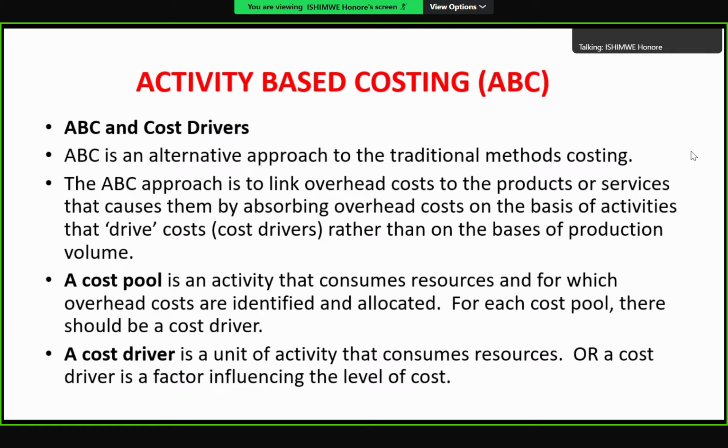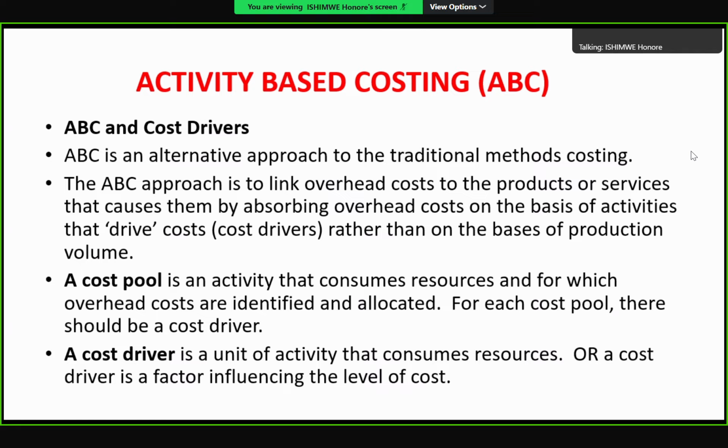There is money we spend on that activity, for us to be able to produce a product. And then you can identify overhead cost relating to that activity, and you can allocate it to a specific cost center. If we say specific cost center, it means we can charge it to a specific department, a specific part, a specific unit, like that. So for each cost pool, there should be a cost driver.